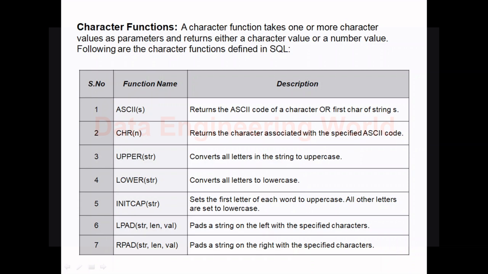Now let's talk about the next character function, which is lpad. This function takes three parameters as an input: the string, length, and the character. This function basically pads the characters to the left of the existing string up to the specified length.